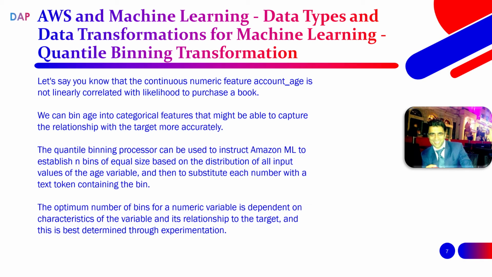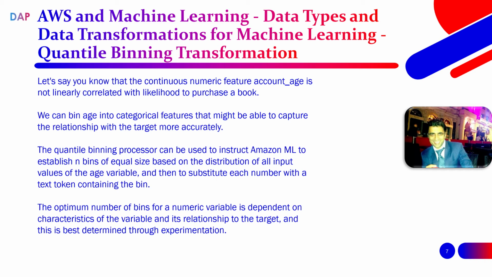The quantile binning processor can be used to instruct Amazon Machine Learning to establish n bins of equal size based on the distribution of all input values of the age variable, and then to substitute each number with a text token containing the bin.